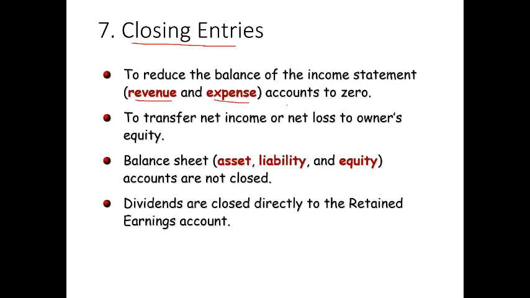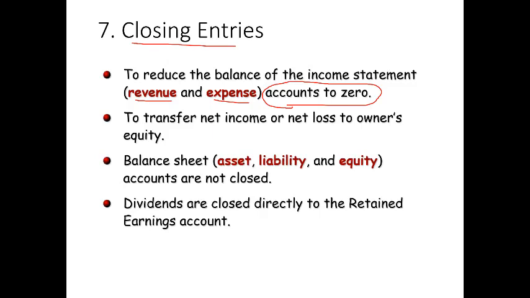We have to close out and return to zero for the new year. Like we talked about last class, the income statement records data over a period of time, whereas the balance sheet records it at a point in time. So we need to start over with an income statement at zero.